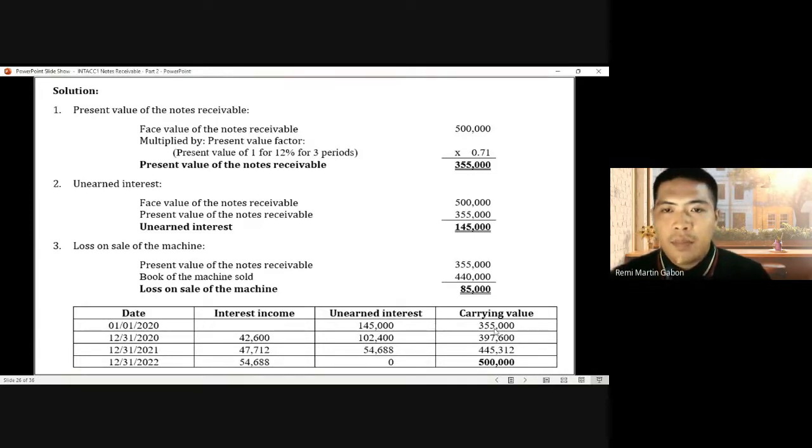Sige. So how do we compute the interest income? Do the same thing. Carrying value 355,000 times 12% may 42,600. 42,600 minus dun sa 145,000, we can have the 102,400.